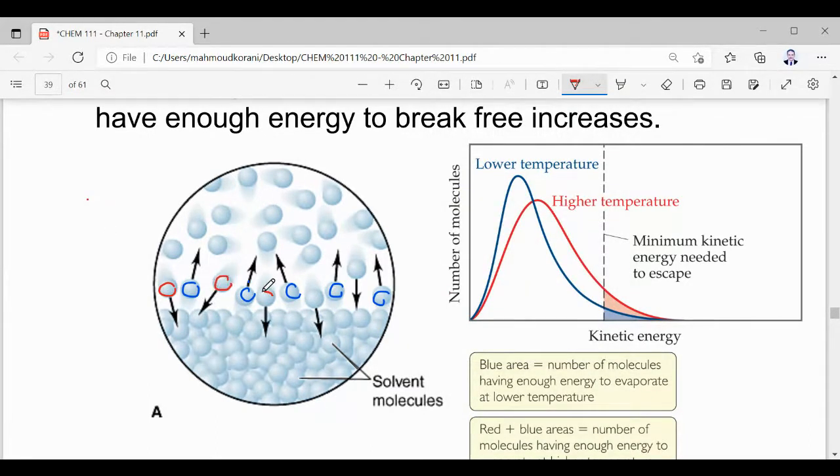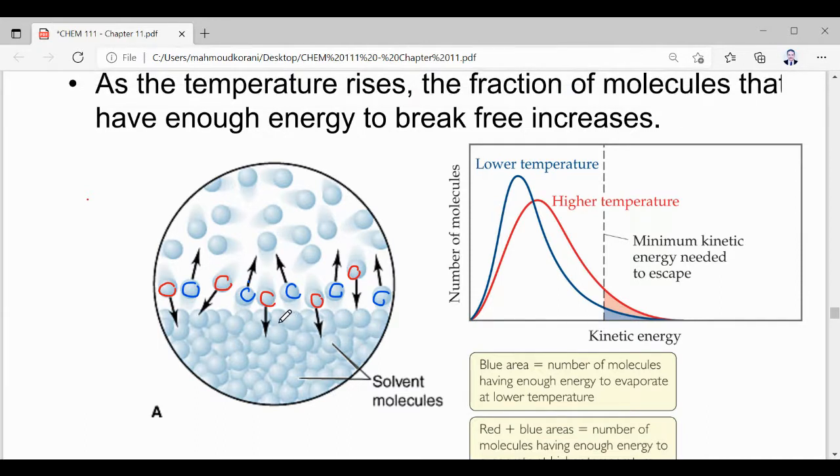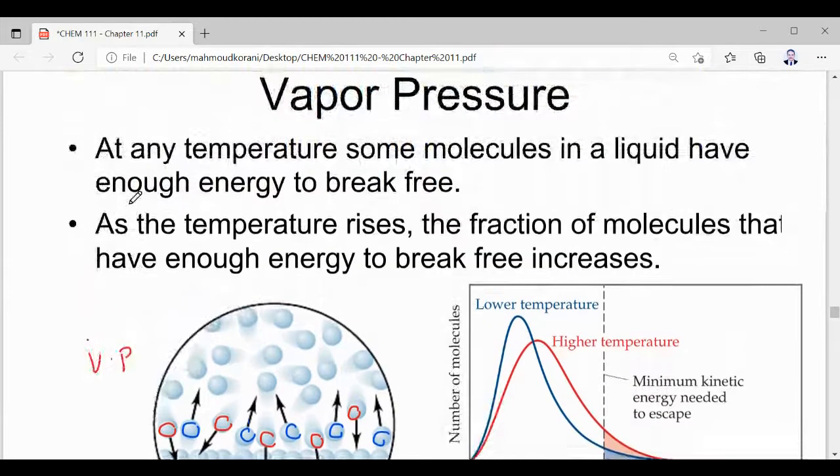At some point our two rates are the same. So this space is saturated with vapor, and this vapor exerts a pressure on the surface of the liquid. When the two rates are the same, this pressure is called the vapor pressure.